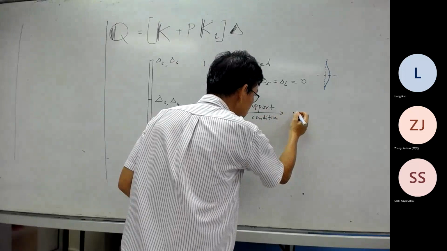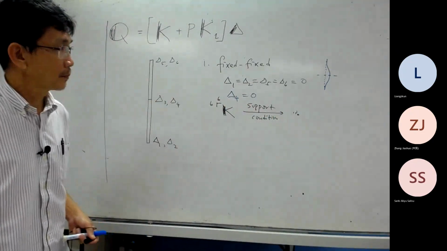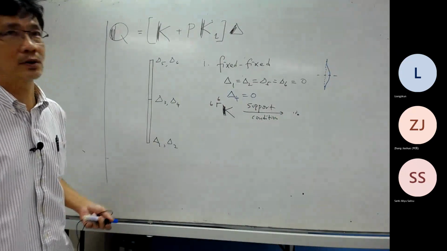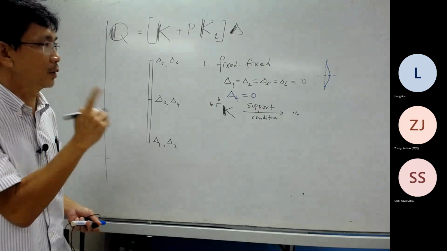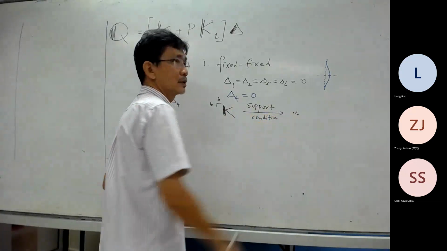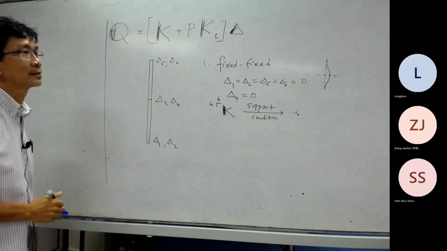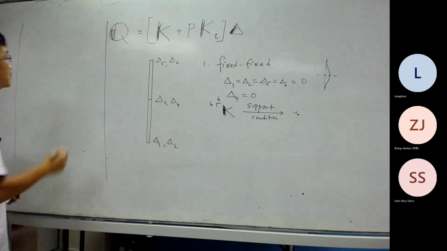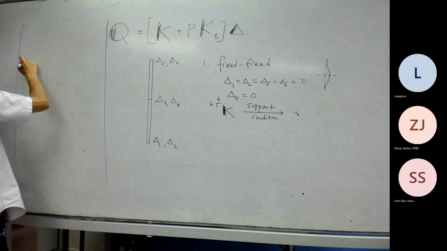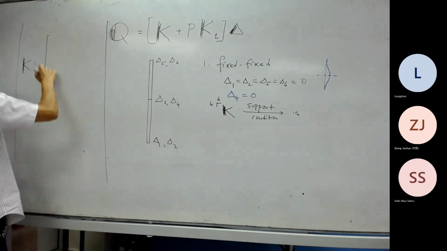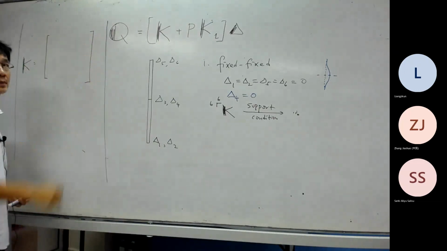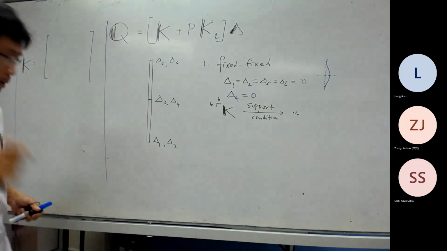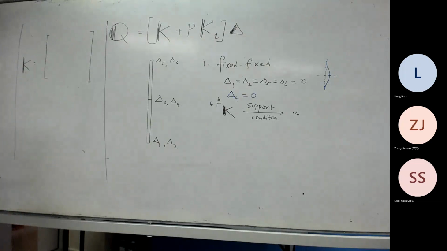Only 1 by 1. From very big, it becomes very small. It will become smaller. The size is reduced.